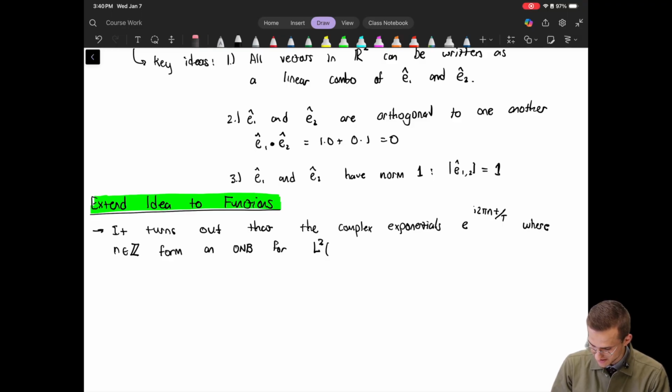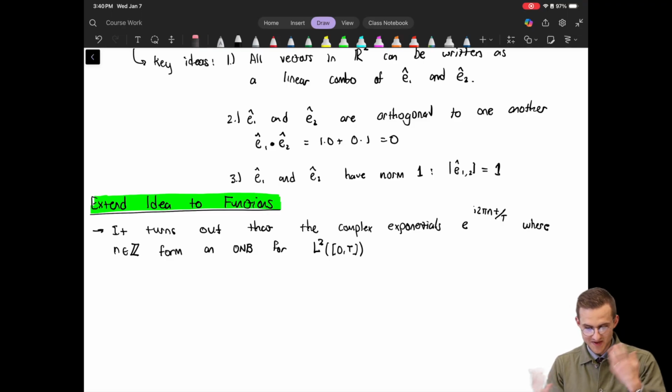That was basically saying if you integrate the magnitude of these functions over the space, you get a finite number. They're well-behaved functions in that way. So we actually get an orthonormal basis out of those complex exponentials.